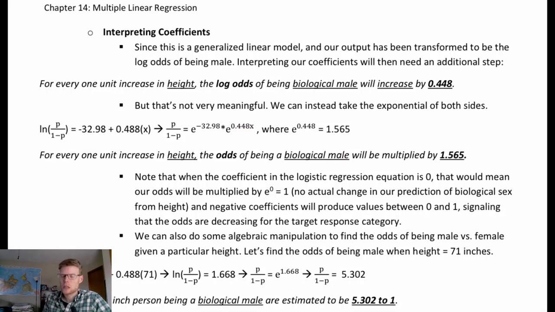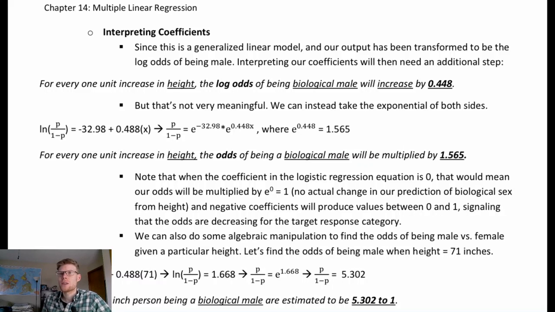So if I'm comparing two people where one person is 1 inch taller than the other person, then we would say that the odds of that taller person being biologically male will be multiplied by 1.565 compared to the odds of the other one. So it becomes this representation of how the odds are changing as height increases by 1 inch.